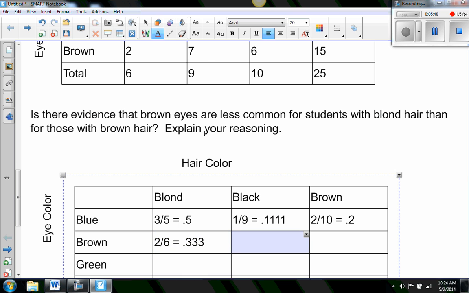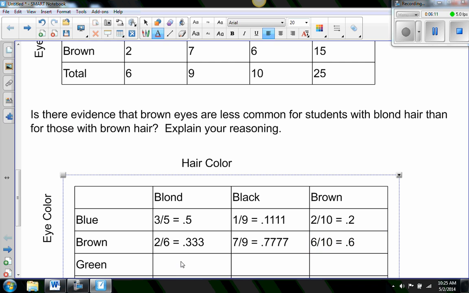And then my next column would be the black-haired, brown-eyed, so it's right here. So that would be 7 out of 9, which would be 0.7 repeating. And then the brown-haired is right here, and I have 6 out of 10, and that would equal 0.6.